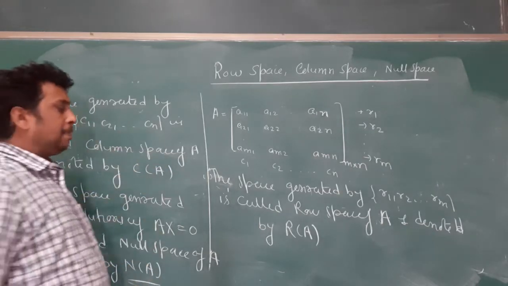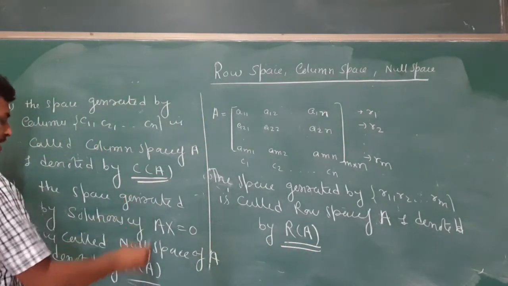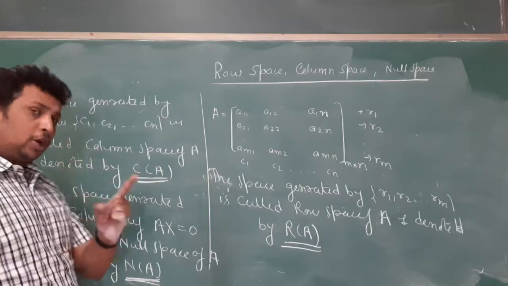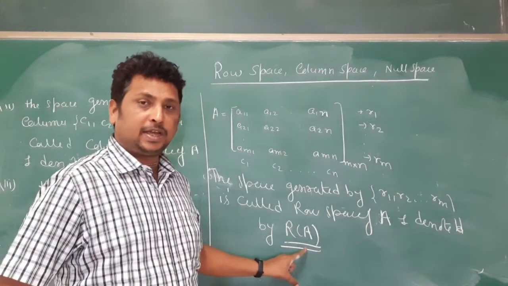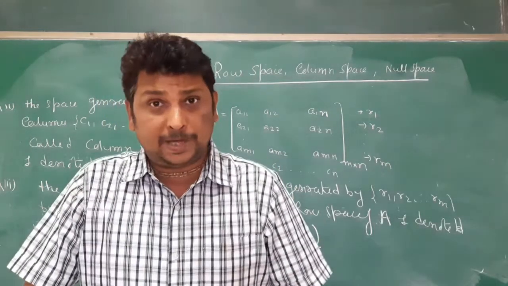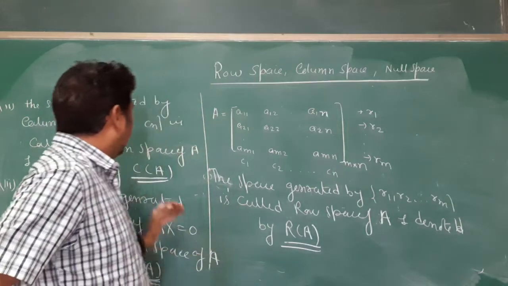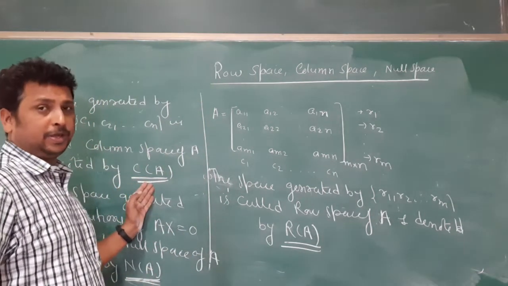So for a given matrix, you have to calculate row space, column space and null space. And the order of calculation is, first we calculate the row space and then we write the vectors which generate the row space. Then we go for the null space and then we write the column space.